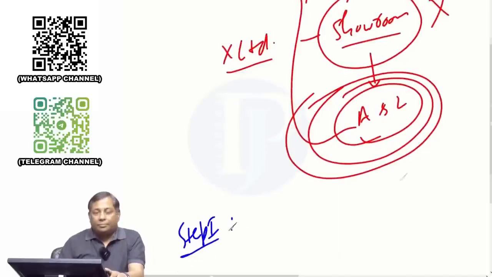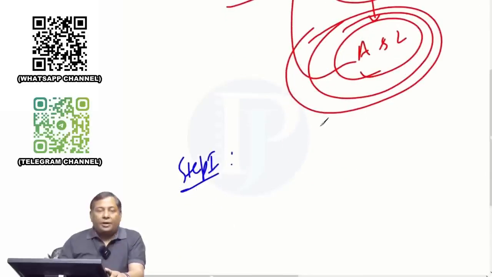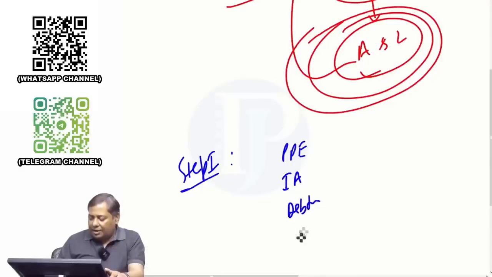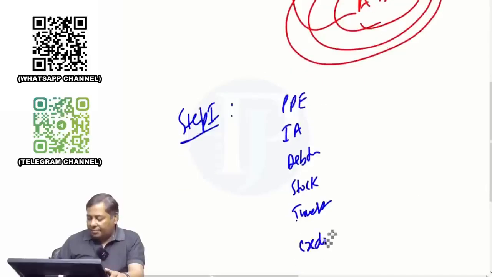First step. In this disposal group, no matter what asset is in it, let's say it has PPE. Just for the sake of an example, assume that it has intangible assets, debtors, stock, investments, and creditors. This will be its net figure.